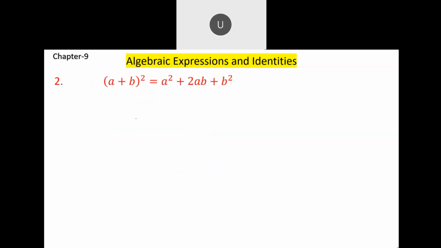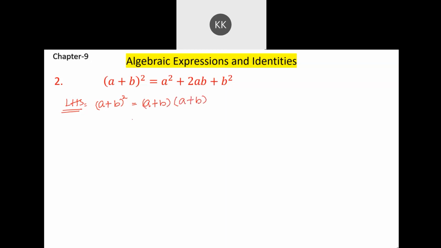Now the second identity is a plus b whole square, which is a square plus 2ab plus b square. Let's do it algebraically. I'll consider the left hand side, a plus b whole square. The meaning of a plus b whole square is a plus b multiplied to a plus b.